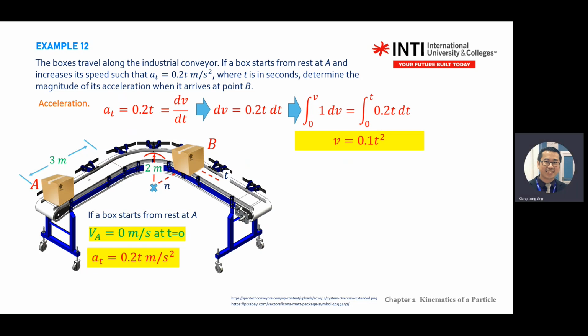Yeah. 0.2 t becomes what? t becomes what? Squared, then over what? Over half. Is this what you mean? Over half? Over what?